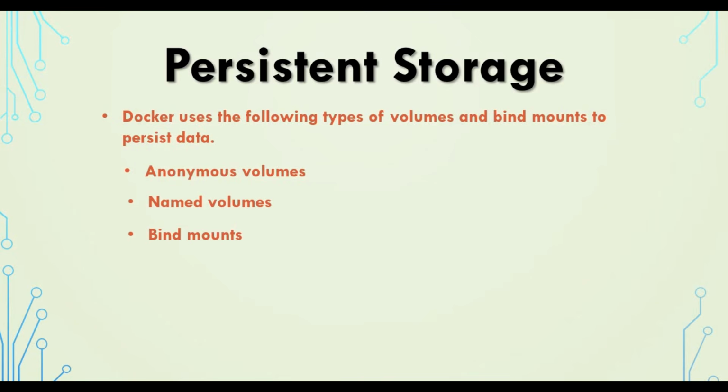For named volumes, when we create the container, we mention the volume name, and we map that key-value pair: this volume will be attached to this path in the container. And bind mounts, as I mentioned, use a specific path in the host, which attaches to a specific path inside your container.